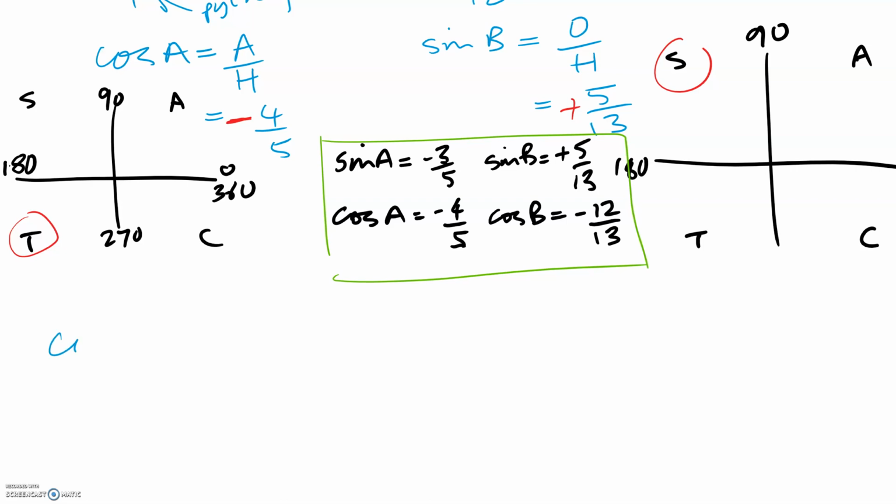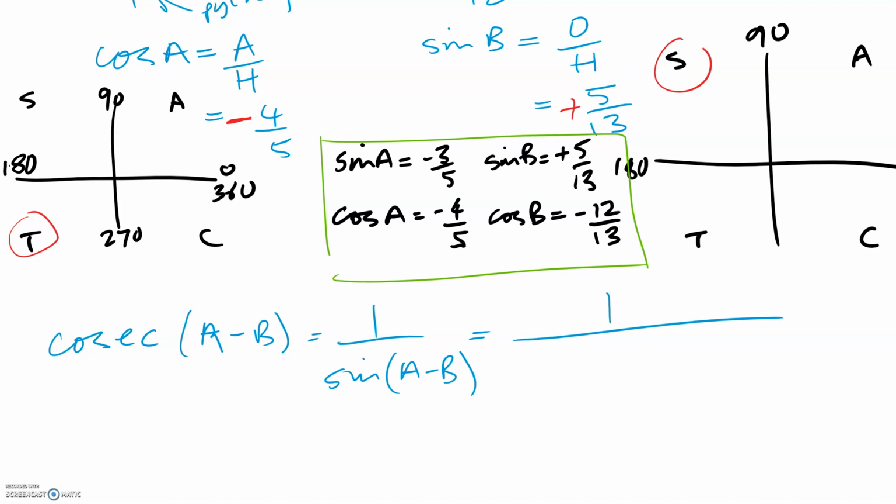So remember in our question, we actually want to find cosec A minus B, which is 1 over sine A minus B. Now the reason it's in this section, this question, is because you need to now use the addition formulae for sine A minus B. So if we do that, that's going to be sine A cos B minus cos A sine B, and then we just whack in all of the stuff in the green box.